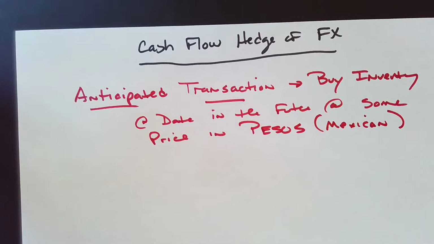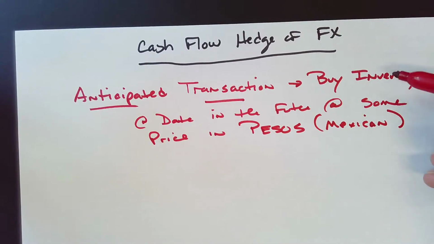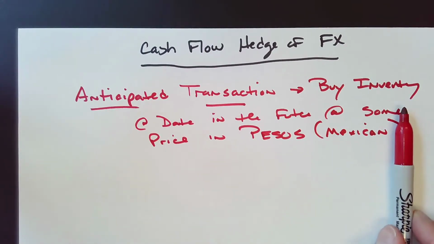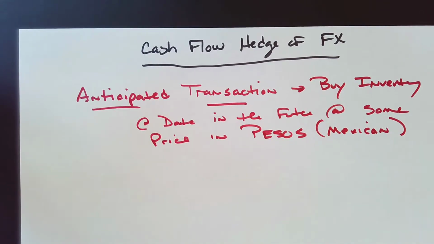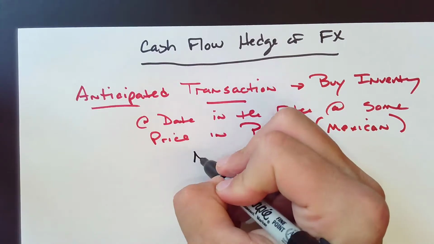Okay? How do you naturally account for this transaction? How do you account for an anticipated transaction? You don't. No recording.